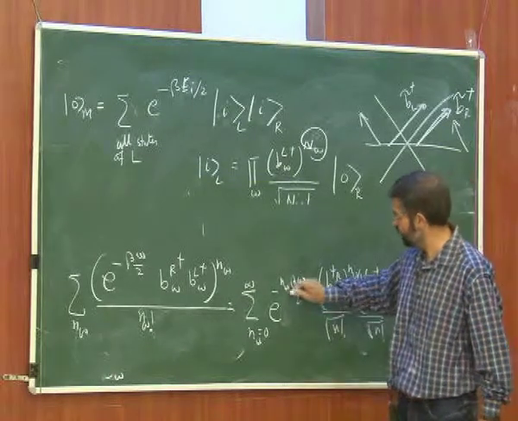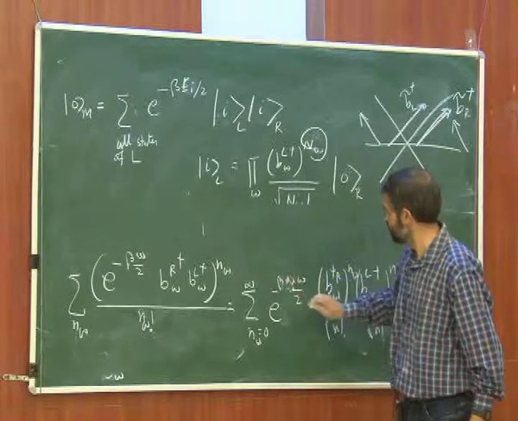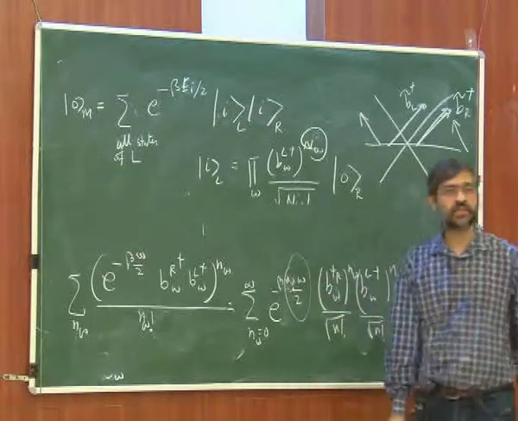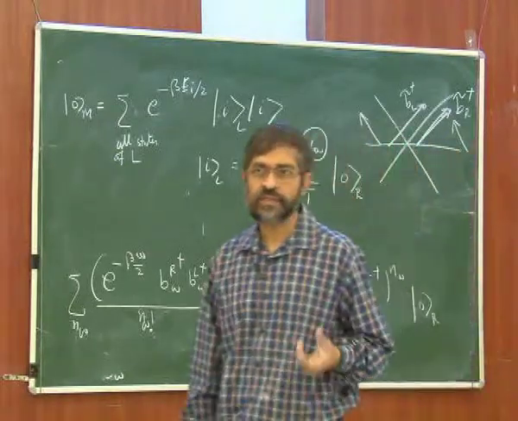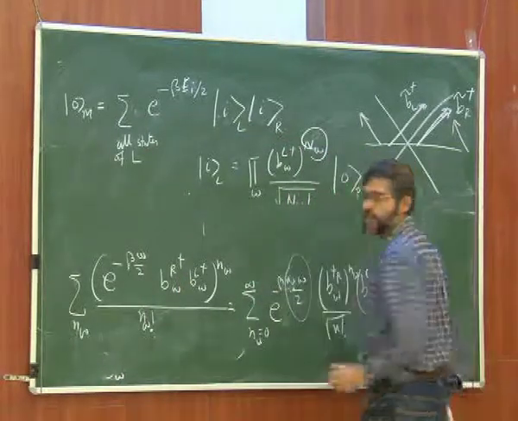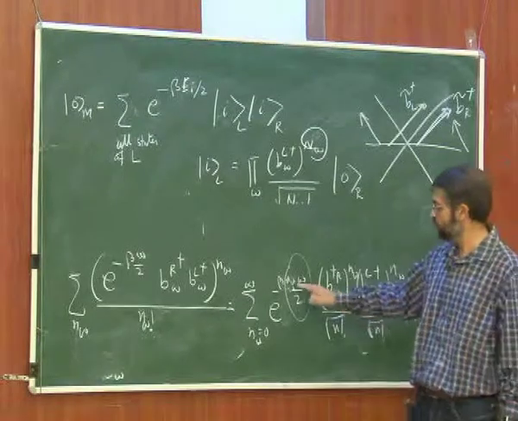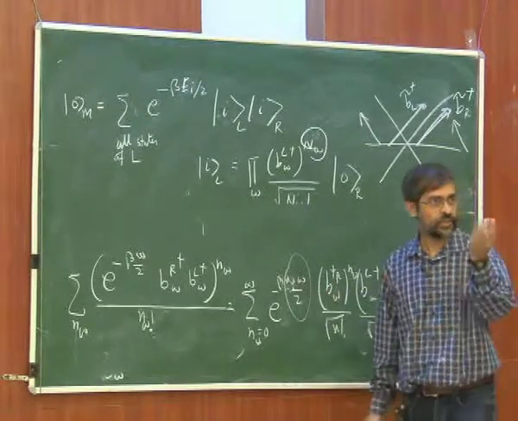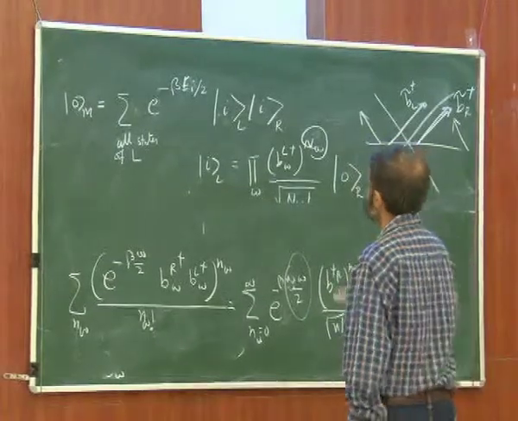This is nothing but the energy of the omega mode: I interpret n omega as the occupation number, times the single particle energy. So that's the total energy of the system.